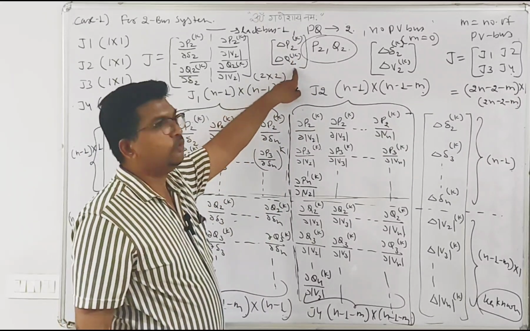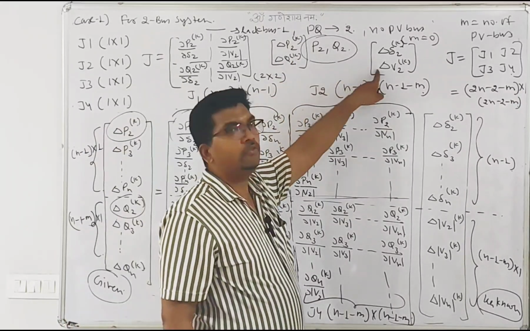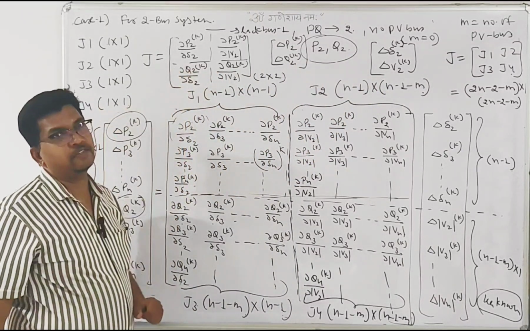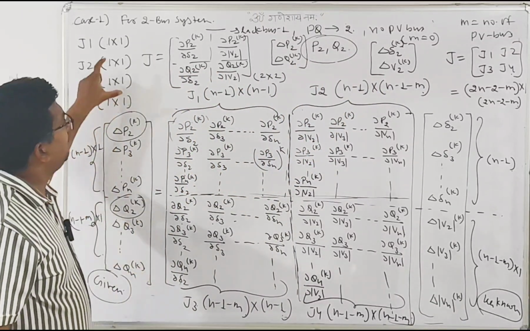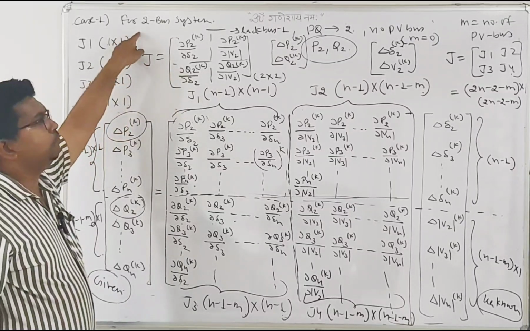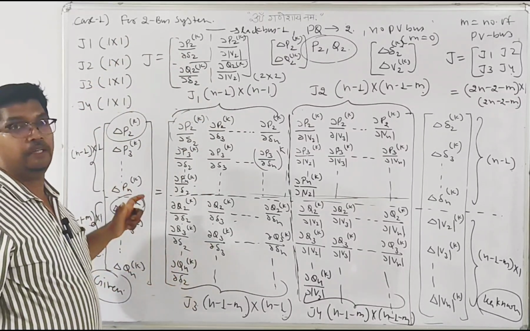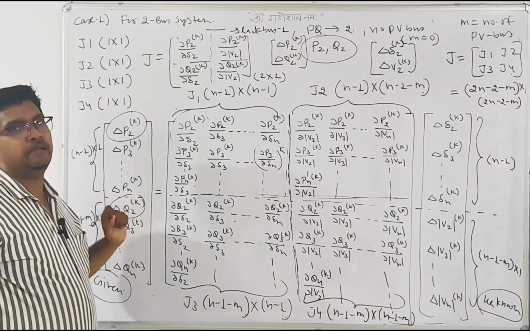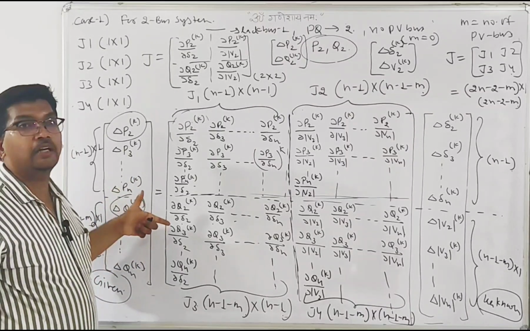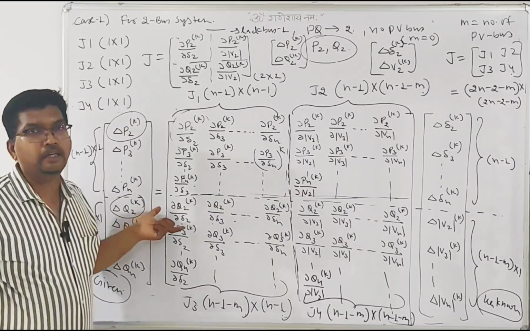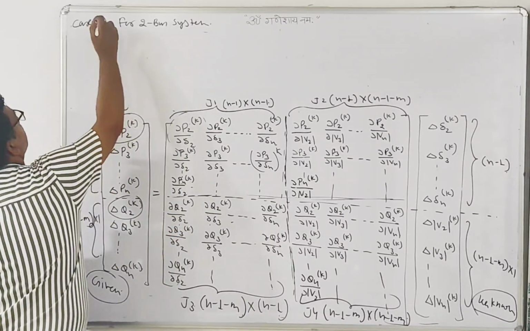This is the given quantity, this is the unknown quantity, and they are related through the Jacobian matrix. This is the simple structure for a 2-bus power system. Because once you know the structure of the Jacobian, after that it is all mathematics. If you have drawn the wrong structure, then your numerical will be wrong.